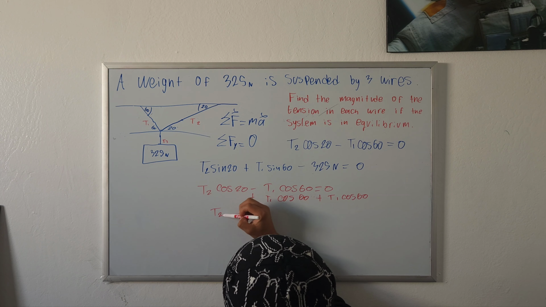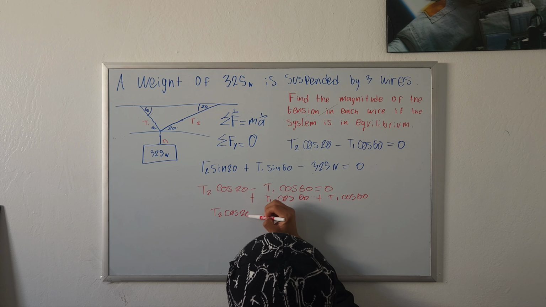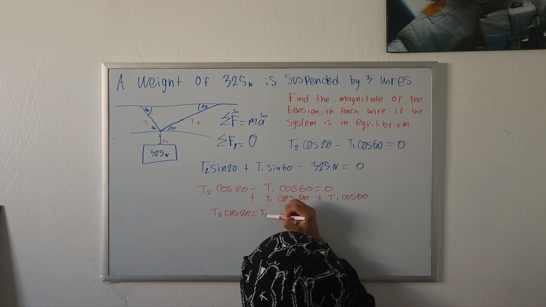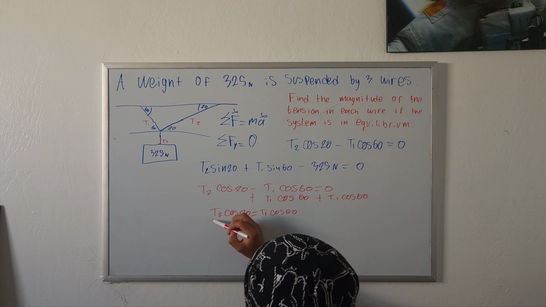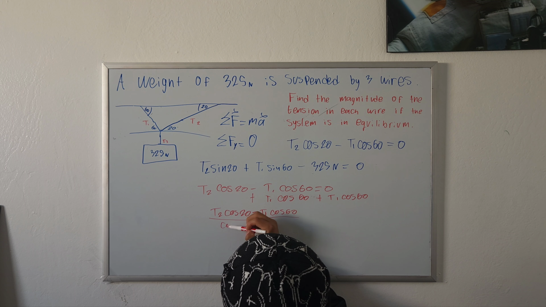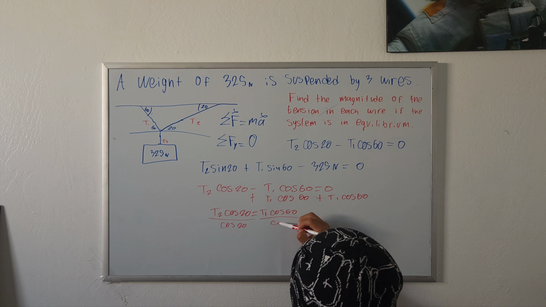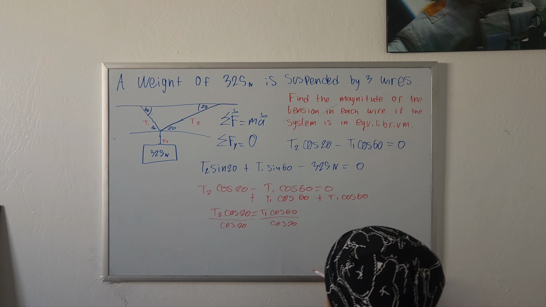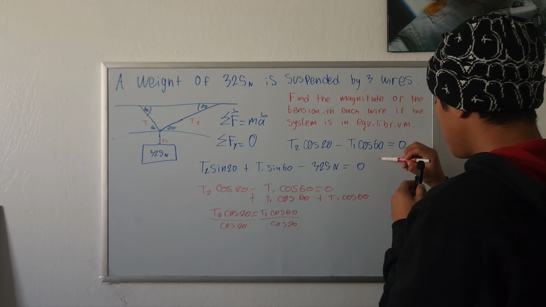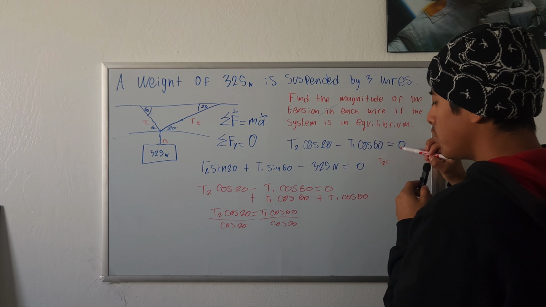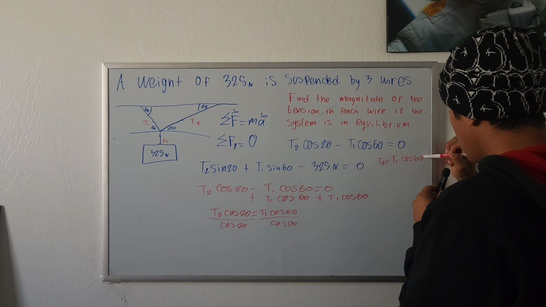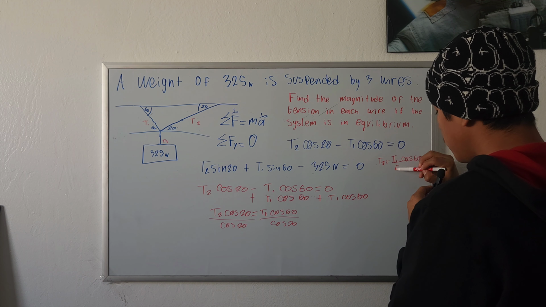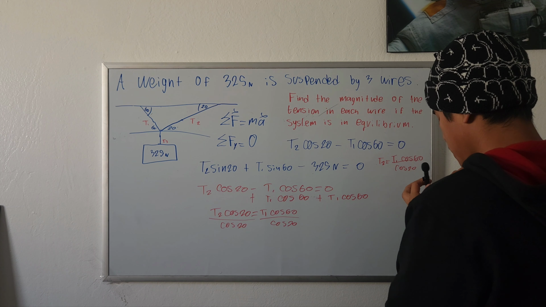So then now I have T2 cosine of 20 is equal to T1 cosine of 60. And now I'm going to divide by the cosine of 20. So then I'll end up with T2 equals T1 cosine of 60 all over the cosine of 20.